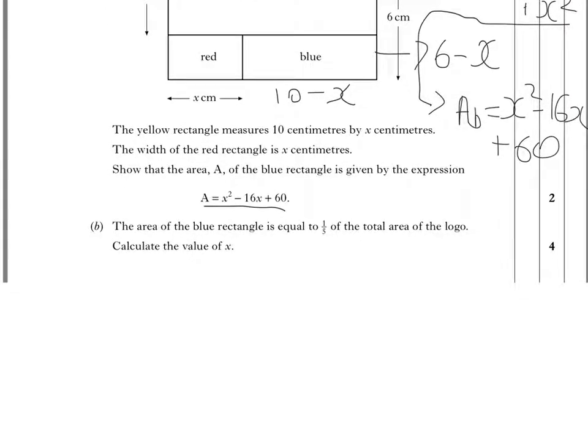Now, part B says the area of the blue rectangle is equal to 1/5 of the total area of the logo. The area of the blue rectangle is given by x squared minus 16x plus 60, and that is equal to 1/5 of the total area of the logo.